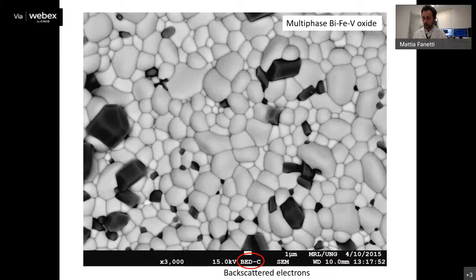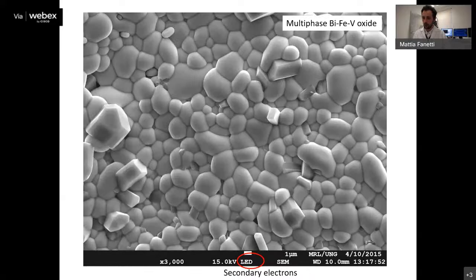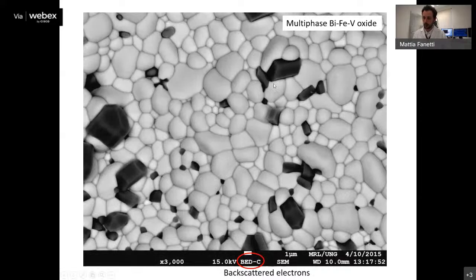While this is the backscattered electron image of the same sample, okay? And you can see secondary, backscattered. In the backscattered, I can easily distinguish between one phase and the other phase because they have different density and different Z, and so they have different contrast in the backscattered electrons.